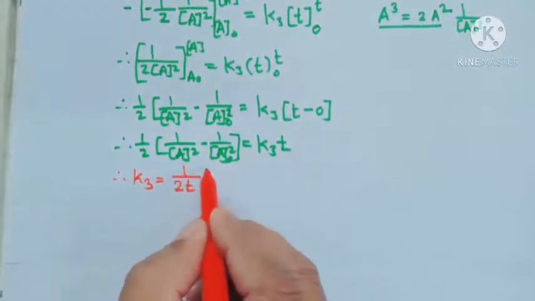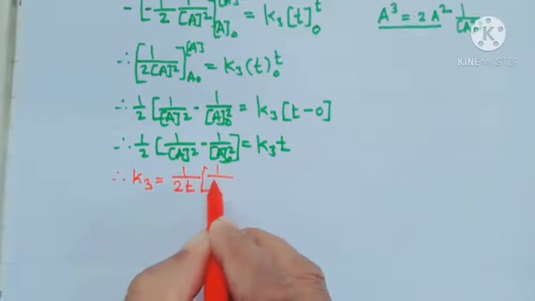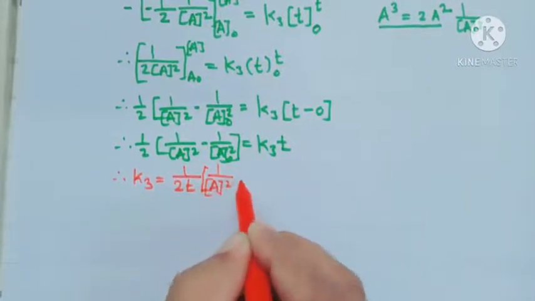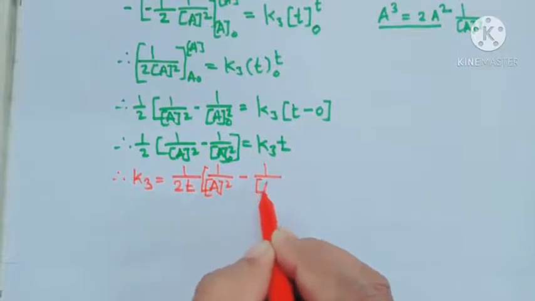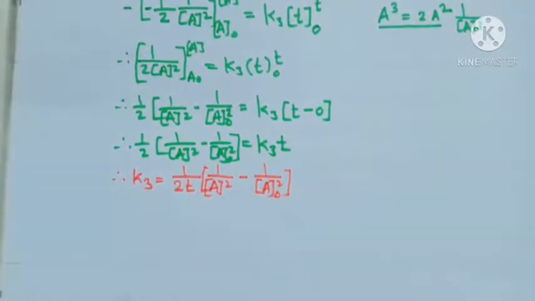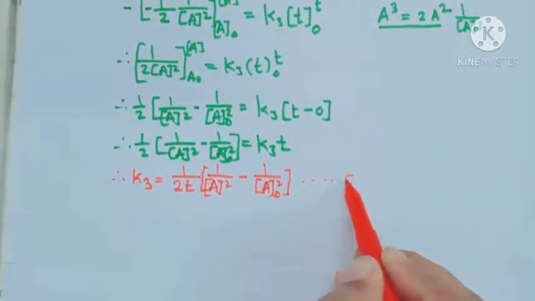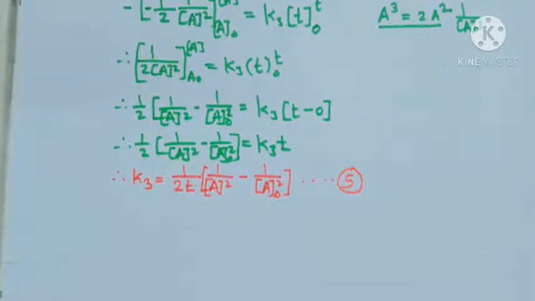So 1 upon 2 into t multiplied by 1 upon a raised to 2 minus 1 upon a0 raised to 2. Suppose this is equation number 5. This equation number 5 gives the equation for rate constant.